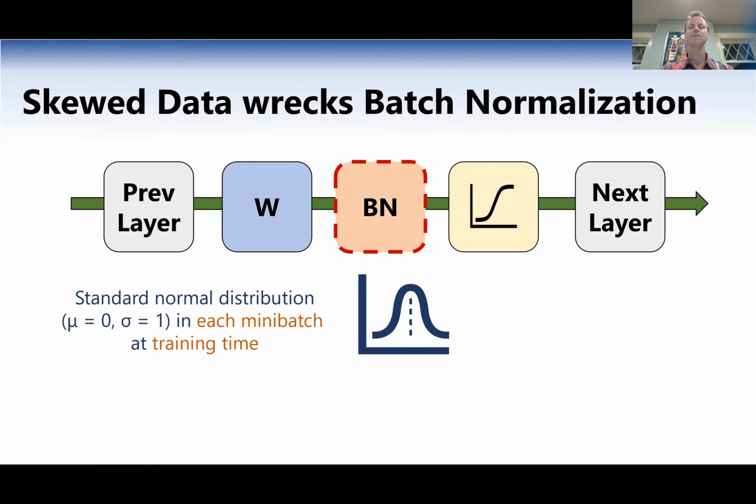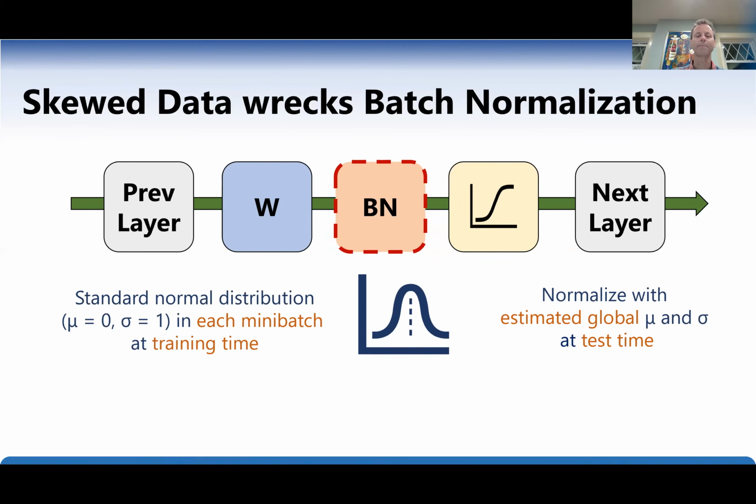Batch normalization is a layer that you insert that has nice properties in training in general. What it does is it looks at the inputs to that layer and tries to produce a standard normal distribution out of them by looking at the mean and the variance and scaling them accordingly. And then at inference time or test time, you estimate a global mean and variance and you normalize according to that. And in IID data, this actually works very well.